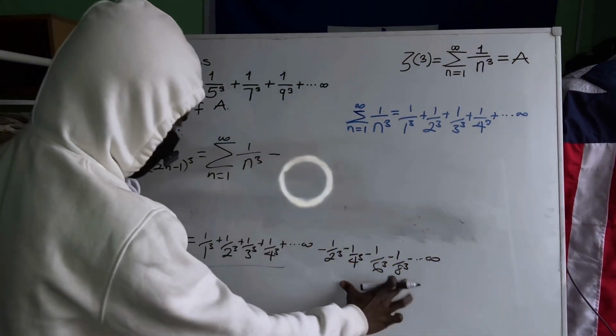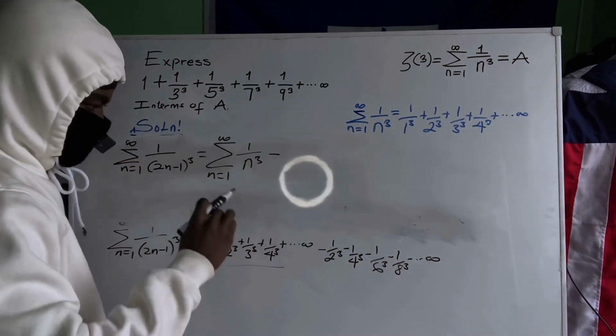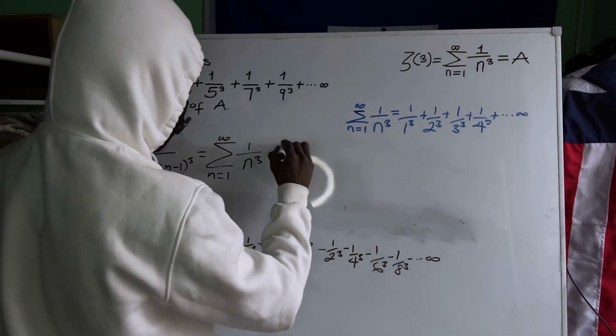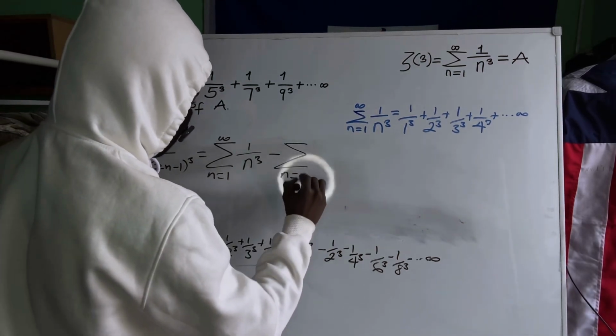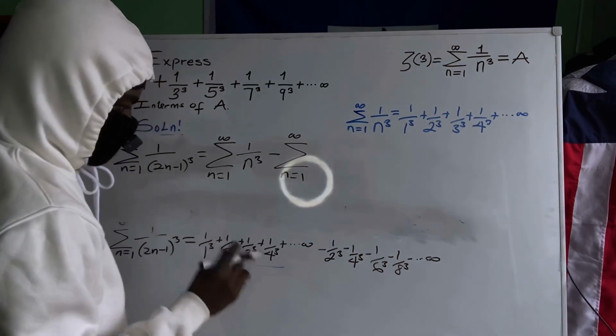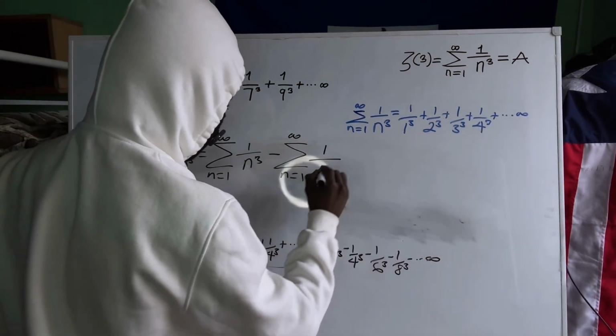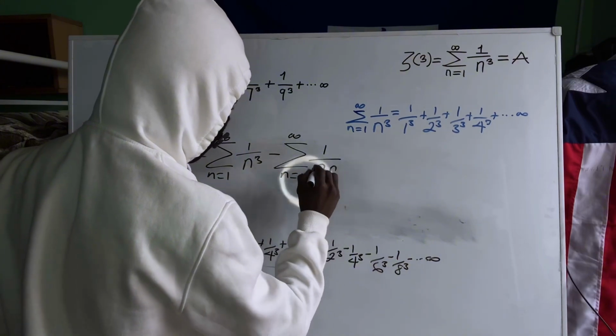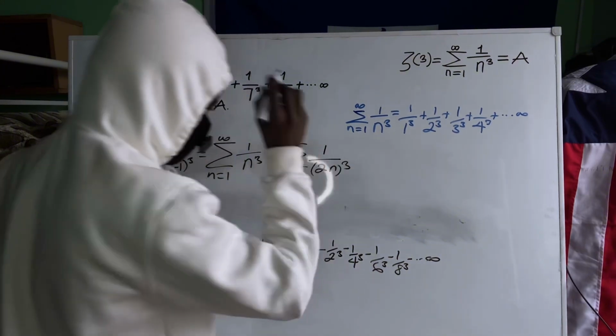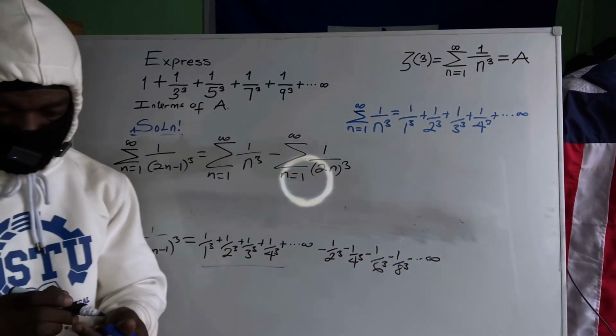For this, I will just write it in the series form. This will be the sum from n is equal to 1 to infinity. These are all 2n's, so we have 1 over 2n, but all cube. Are we there, guys?